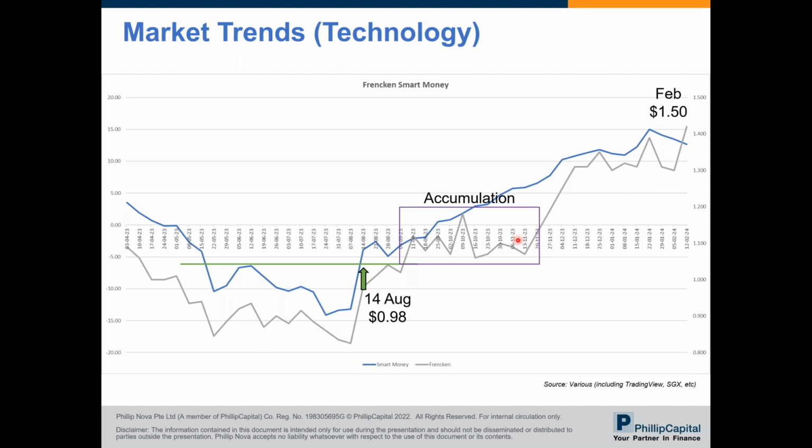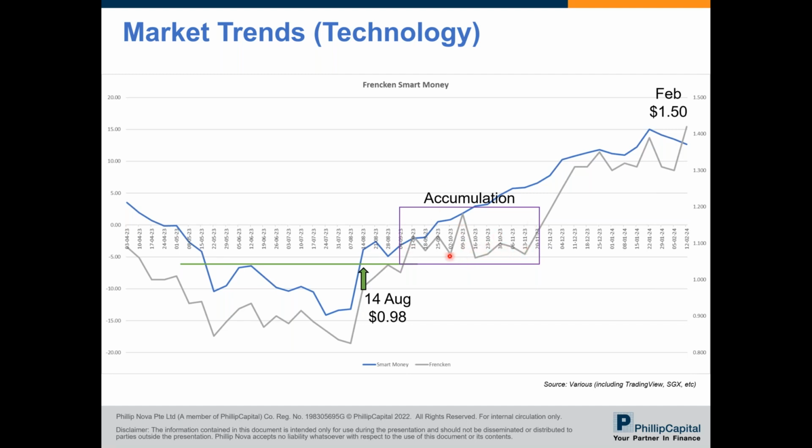And what attracted me to the stock is that from August to November, smart money had been buying, as can be represented by the blue line that is constantly climbing up over the 3 months period. But you can see that the price itself is just moving sideways, going nowhere.